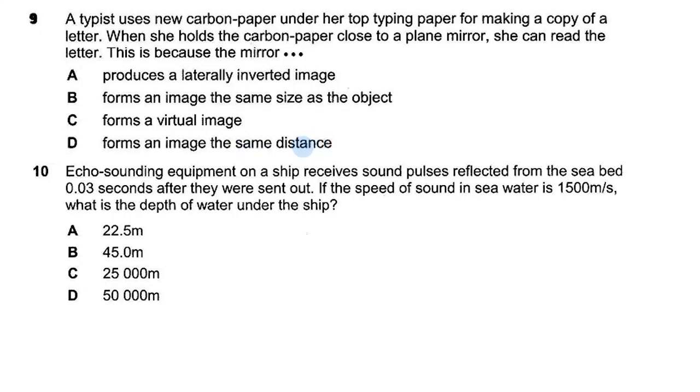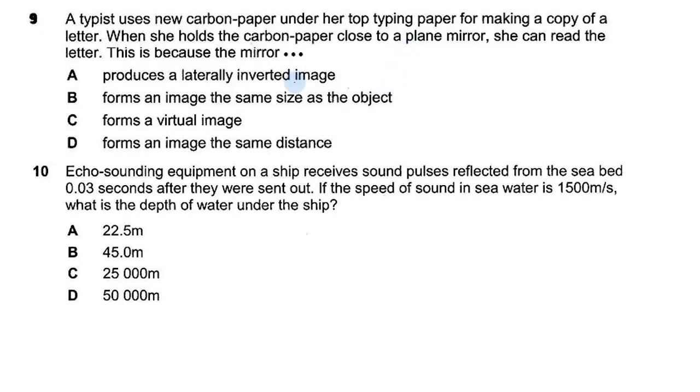So on a carbon paper, the carbon paper the typist is using to write, a typist uses new carbon paper under her top typing paper for making a copy of a letter. When she holds the carbon paper close to a mirror, so she's standing, then she's holding it close to a mirror.